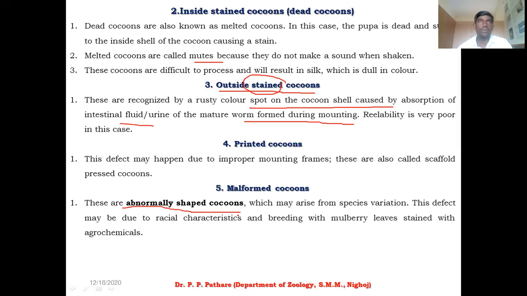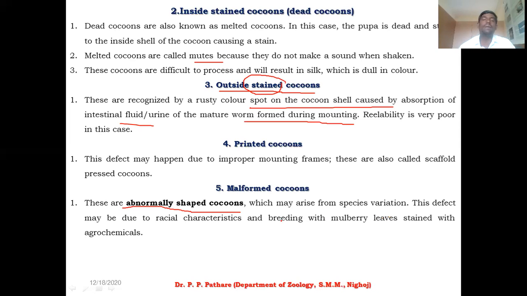variation. क्यों होता है ये? Because of some species variation. This information is already discussed with you. If there is some variation in species during the rearing, that time abnormal shape will be produced. This defect may be due to racial characteristic and breeding with mulberry leaves stained with agrochemicals.